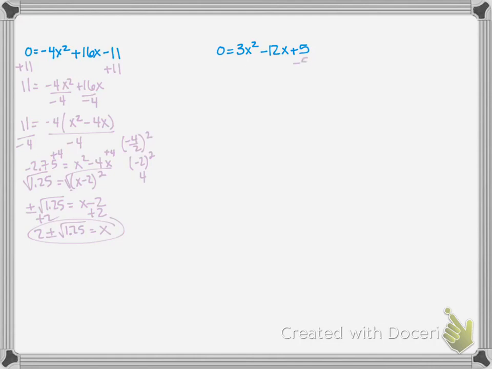My last one, subtract the 5. Get that 3 out. Get that 3 over. So 5 divided by 3 here. Negative 1.67. So negative 4 divided by 2 squared is negative 2 squared, which is 4.